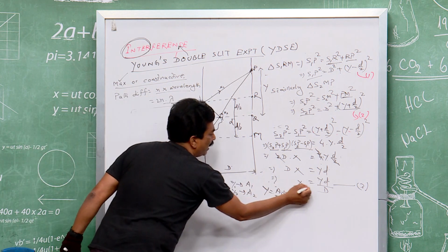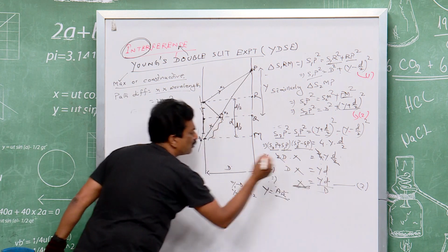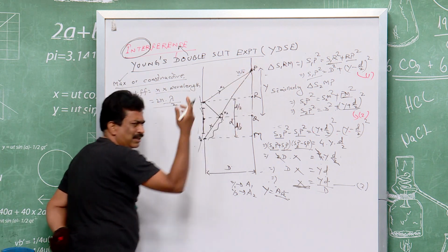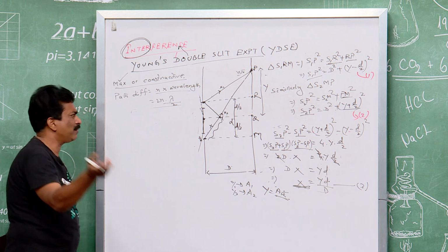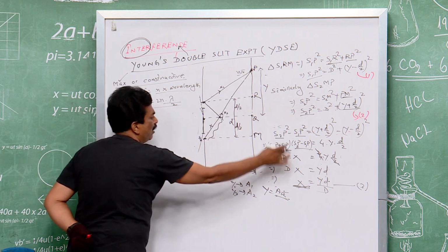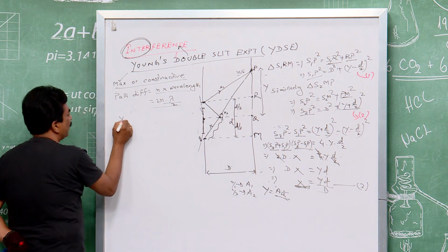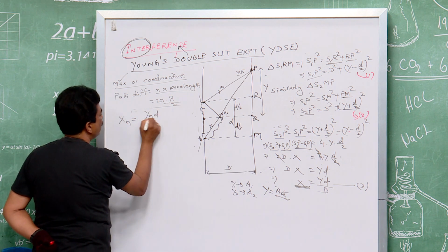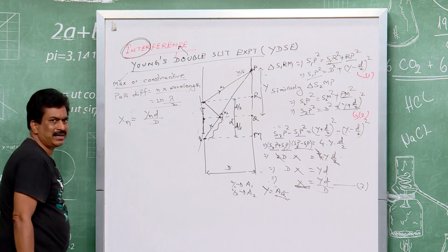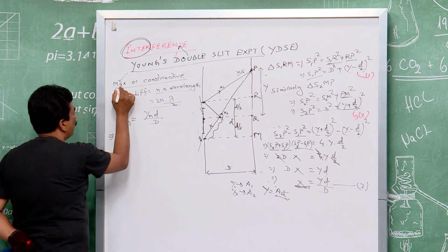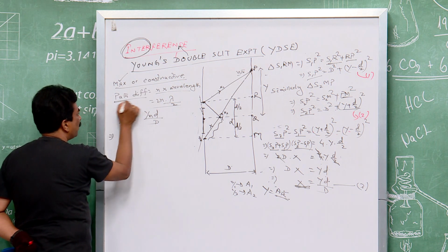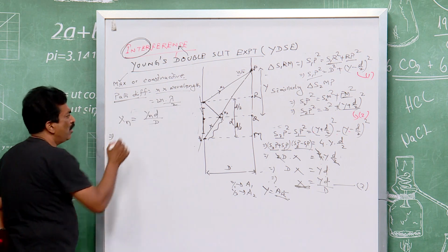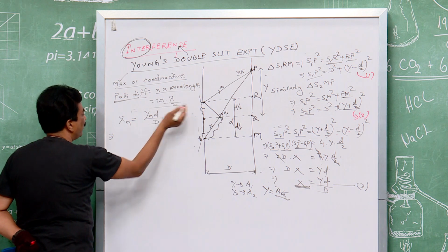So here we have derived x is equal to yd by D. Suppose this point is the nth point, either the first, second, third, fourth or whatever it may be, let that be the nth point. For the nth point, you can say xn is equal to yn small d by capital D. But this xn for maximization means the path difference is the even multiples of lambda by 2 or n lambda, whatever you take.